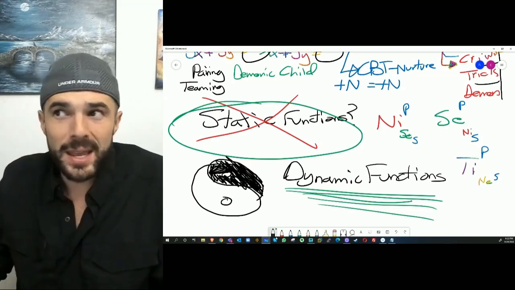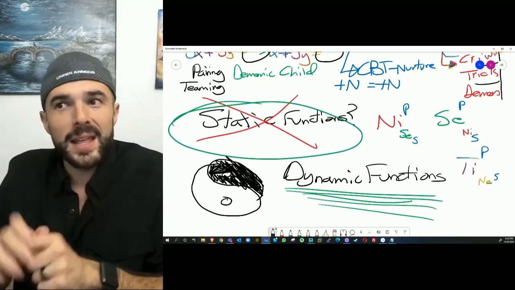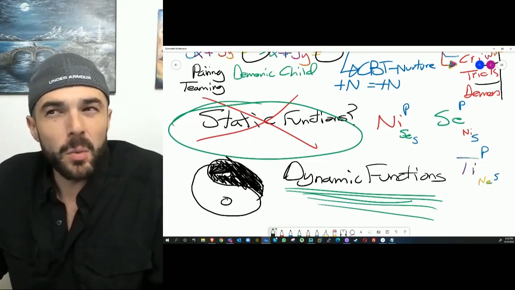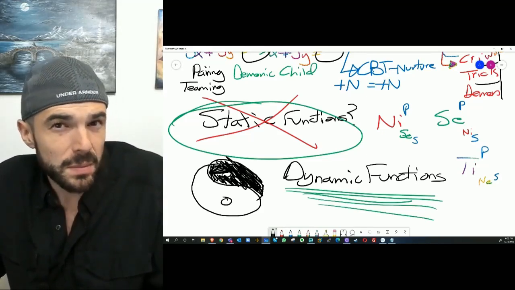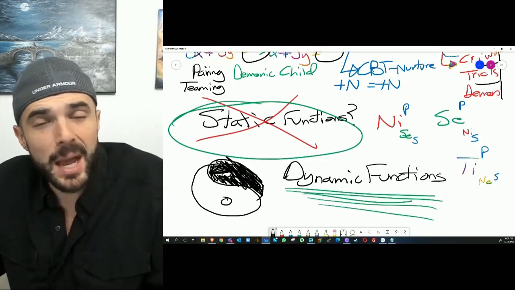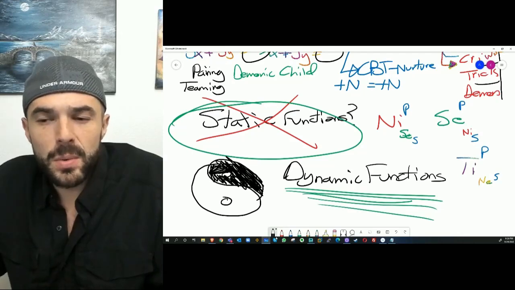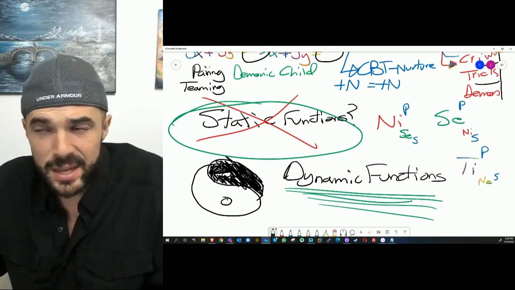Or I want to get rid of my NI lens and just use an SE lens, but then I have to put my little NI lens in front of it. You know what I'm saying? It's all about the order of the lenses. What if you're using a decision-making lens with a perception lens at the same time? What's happening then? So this is absolutely ridiculous to me.